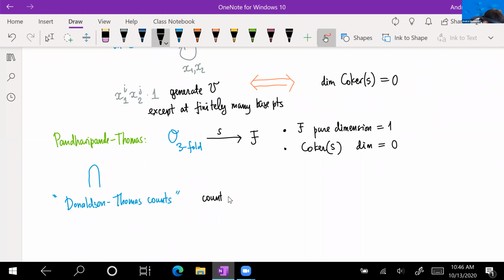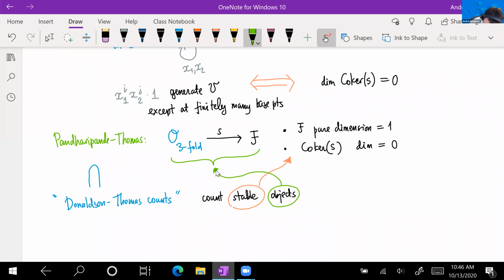They count stable objects, and an example is here. You put some conditions of that kind. The object could be this whole thing. It's an object in the derived category of complexes of sheaves, a stable object in such categories.